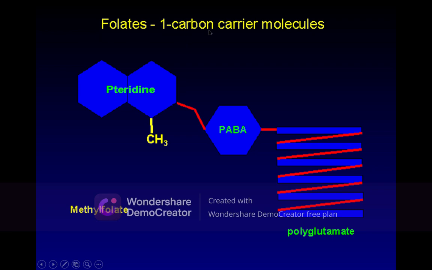It is a one carbon carrier molecule. It will carry at least one carbon, for example the methyl group which is attached. It is a carrier, so it goes to para-aminobenzoic acid and then polyglutamate. This compound is methylfolate, an intermediate product, as I said already in the folic acid trap concept.